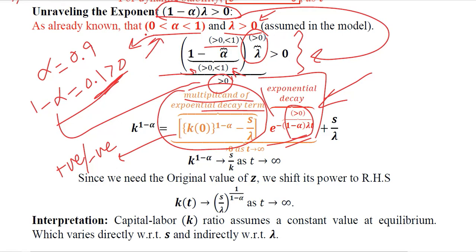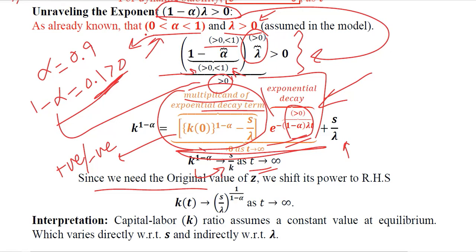This means that the whole complementary function is going to fade away, and the time path will converge to the equilibrium value, that is this value, as time passes. Now finally we have the original value of k, not the power 1 minus alpha.